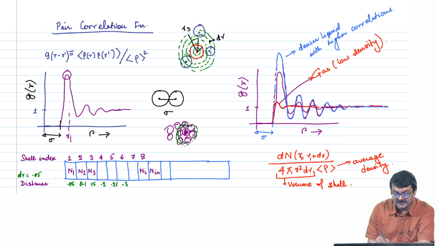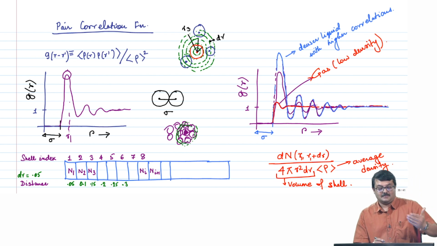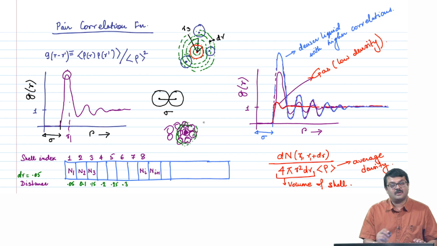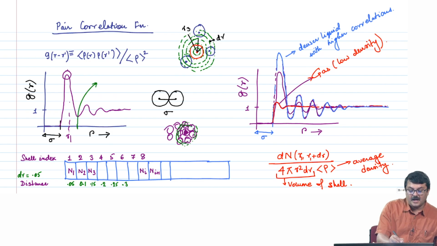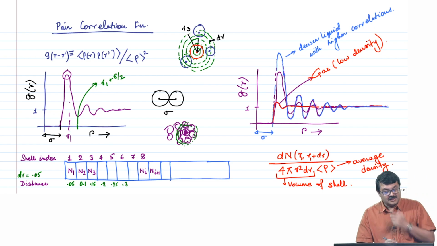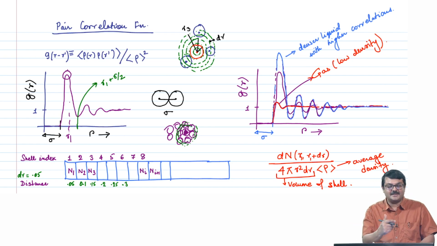There is a Lennard-Jones attraction, they are sticking to it. So, if this first shell peak was at r1, then at approximately r1 plus sigma by 2 distance, you are going to find the minima, because you will not find the center of other particles at that distance.